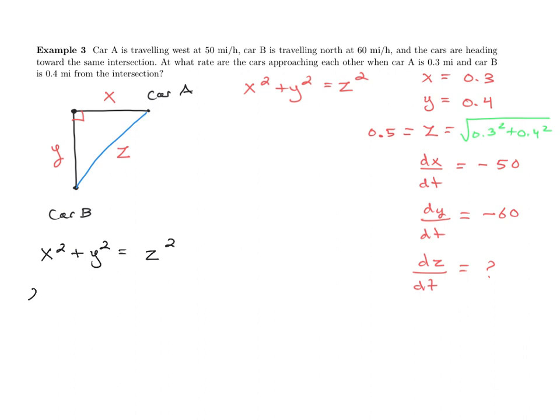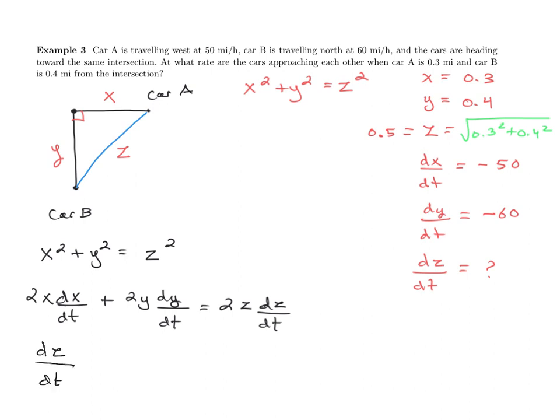On the left, we get 2x dx/dt plus 2y dy/dt is equal to 2z dz/dt. I can divide both sides by 2, which will cancel those. And if I divide by z on the other side of my equation, I'll have solved for dz/dt, which is exactly what we're looking for.